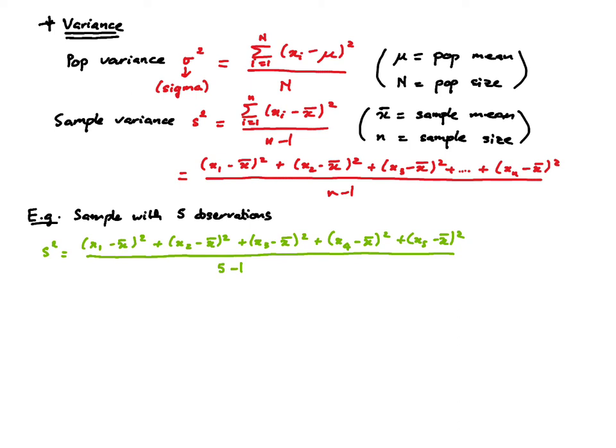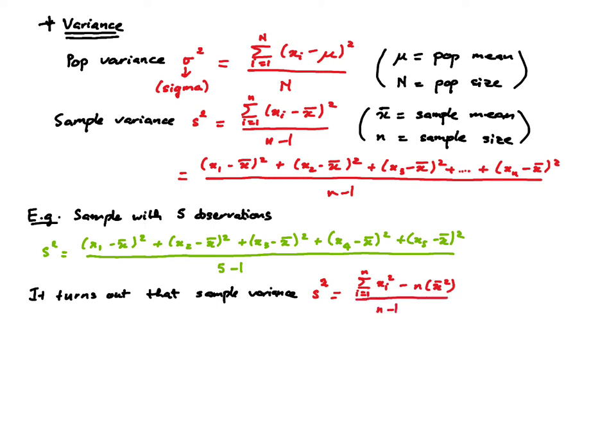So it turns out that the sample variance, which is s squared, is also equal to the summation of xi squared for i going from 1 to small n, minus n times the mean square, divided by n minus 1.